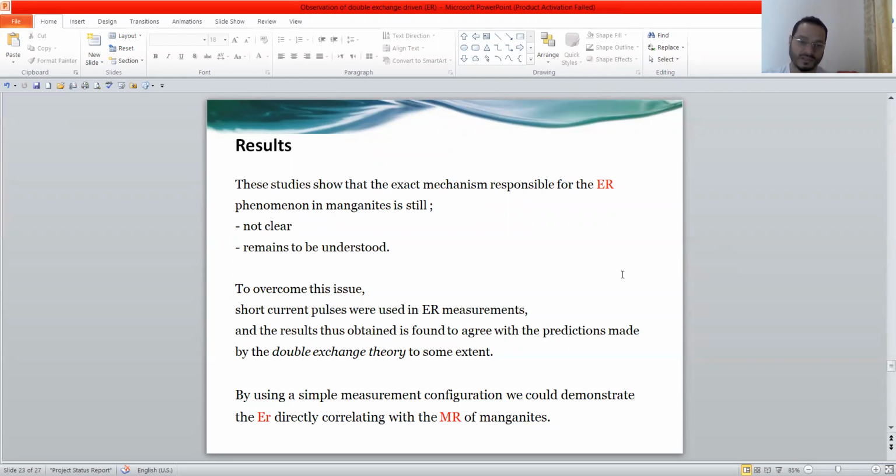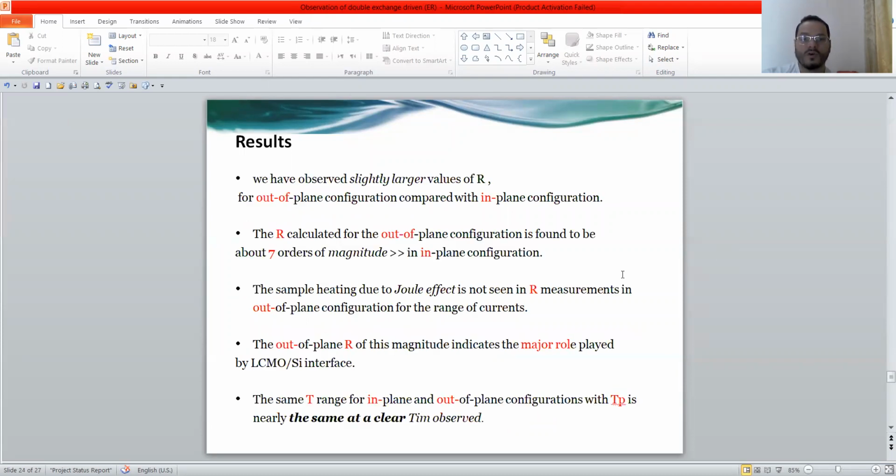Now we have observed a slightly larger value of resistance for the out of plane configuration compared with the in-plane configuration. The resistance in out of plane is more than in in-plane.